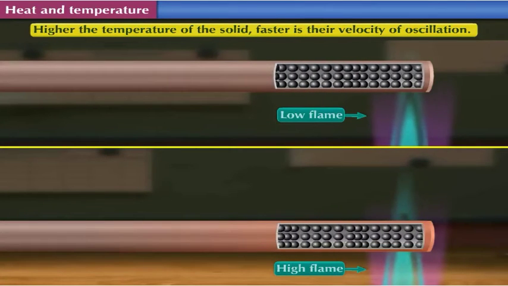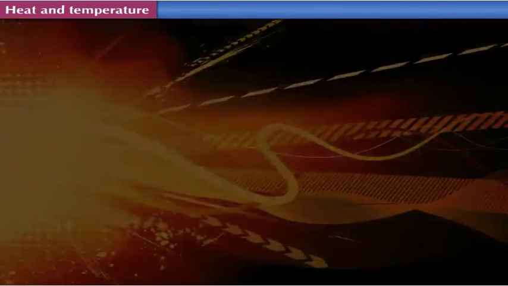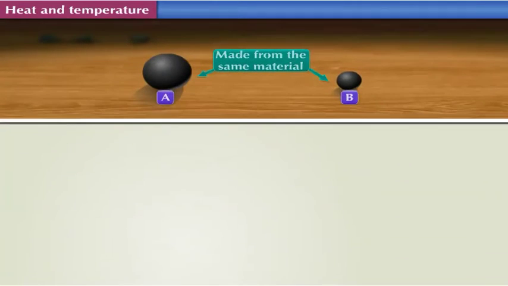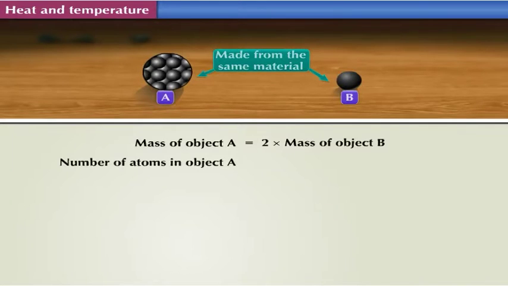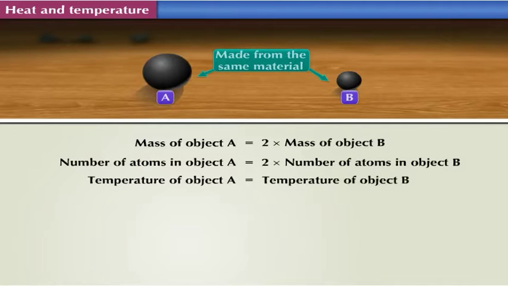Come, let us now compare the heat content of two objects. Suppose A and B are two objects made from the same material, and the mass of object A is twice the mass of object B. This means that the number of atoms in object A is twice the number of atoms in object B. Suppose the temperature of both the objects is the same.